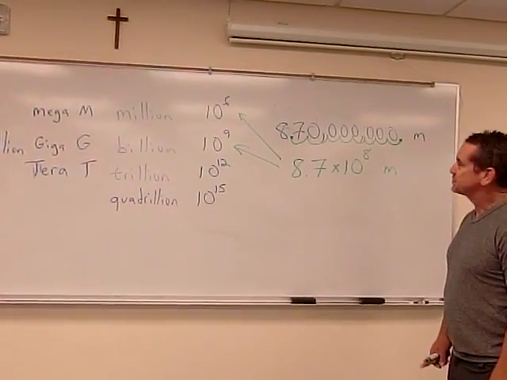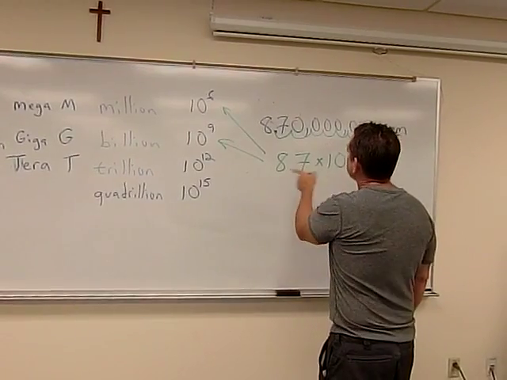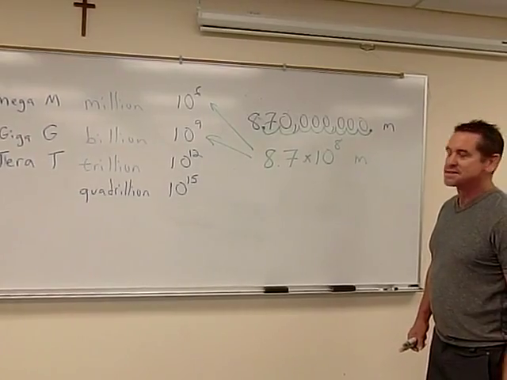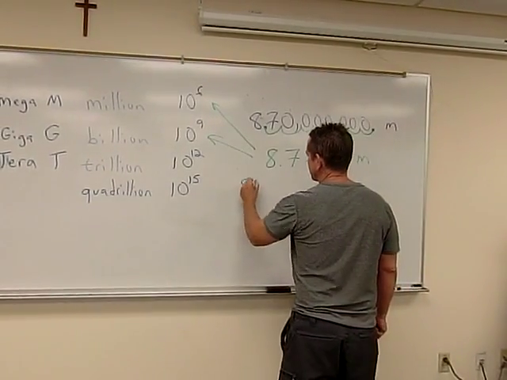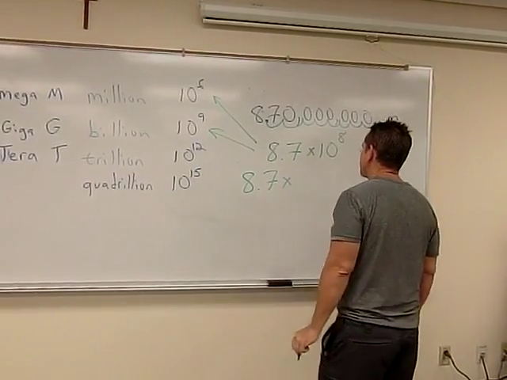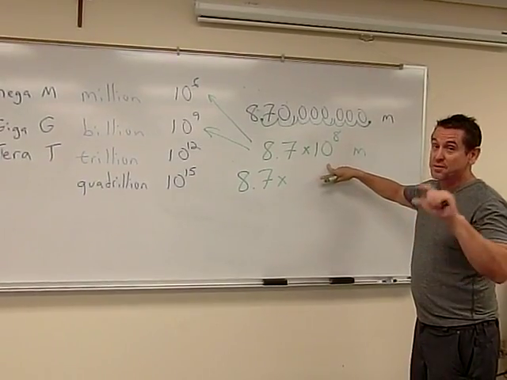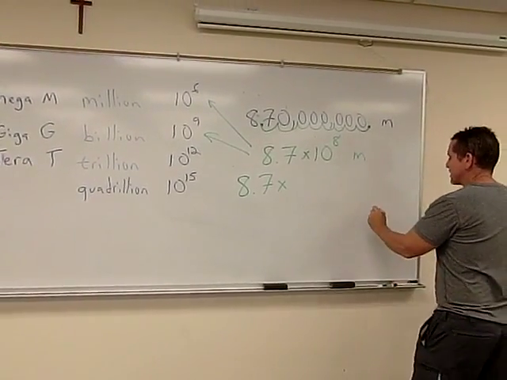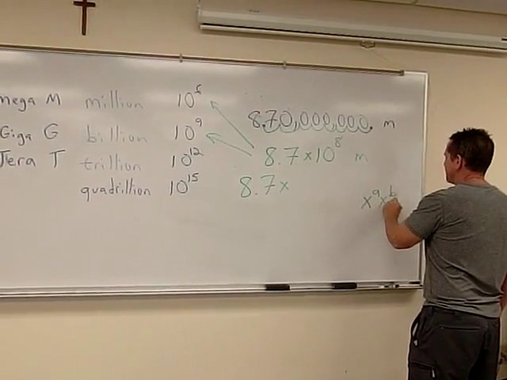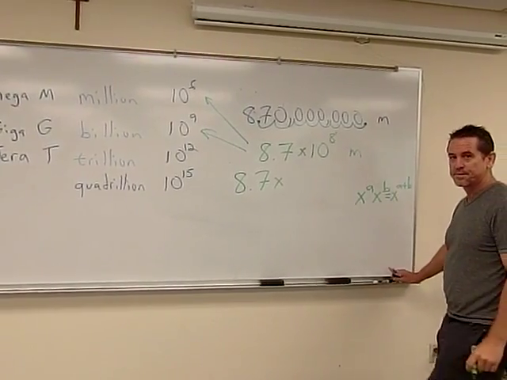Okay? So we'd kind of like to write this guy in terms of 10 to the 6th. So I'm going to do it step by step here. 8.7 times, so we got a 10 to the 8th. If you remember from the exponents, x to the a times x to the b is equal to x to the a plus b.